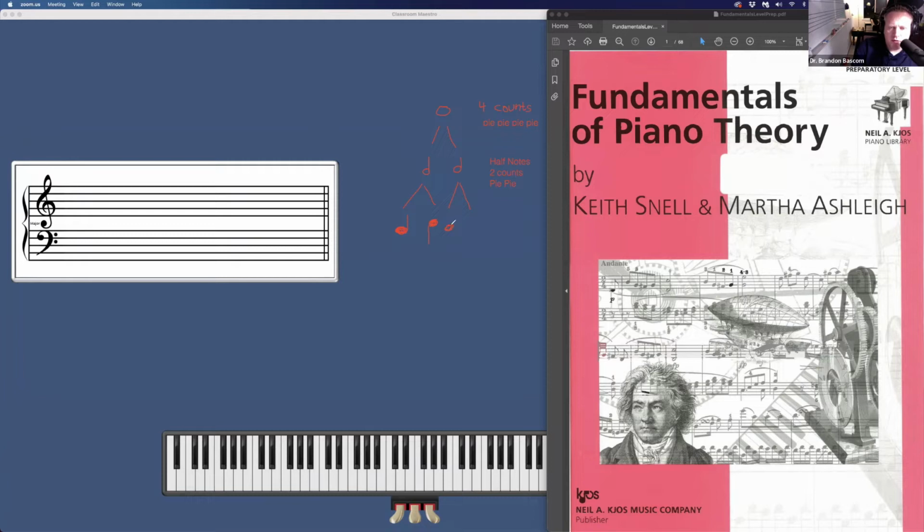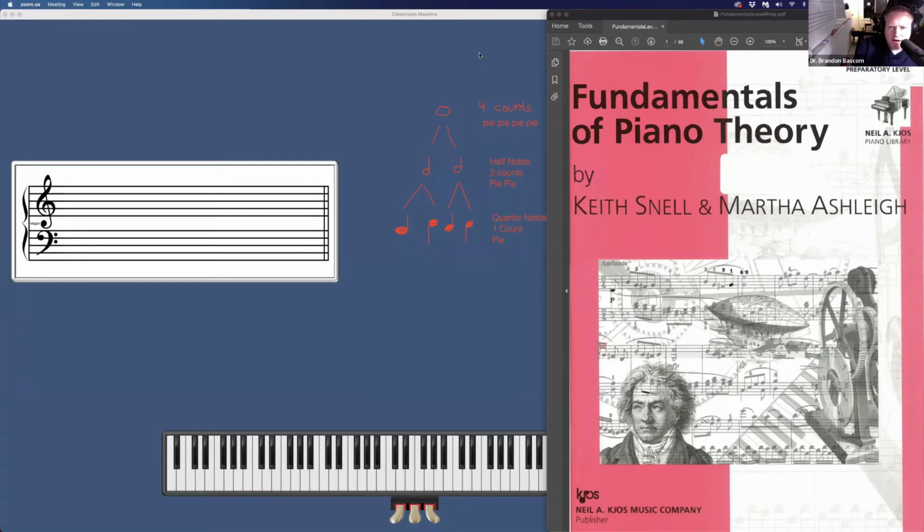We'll talk about that more. So there are some quarter notes. Quarter notes get 1 count. I count them just by saying pi.